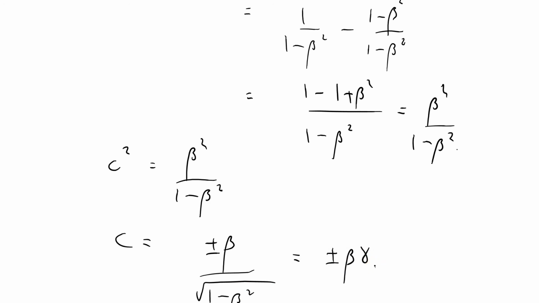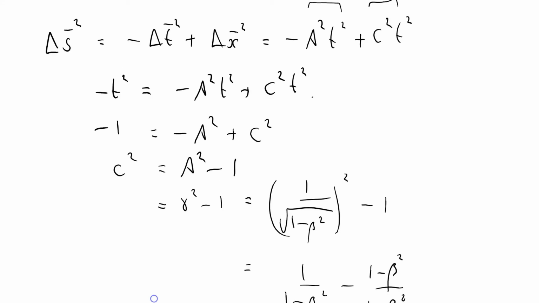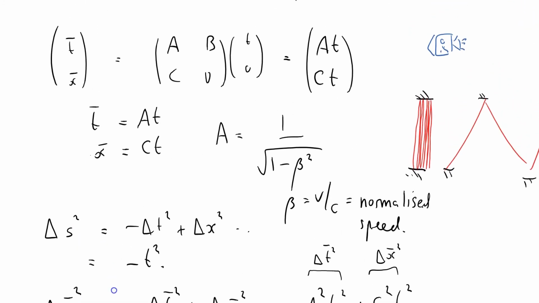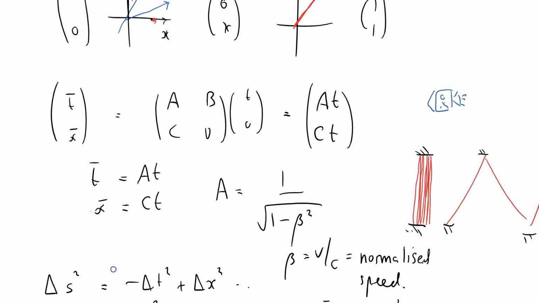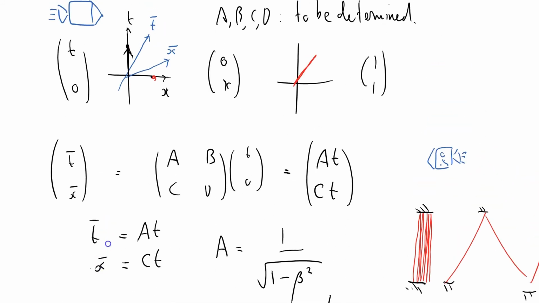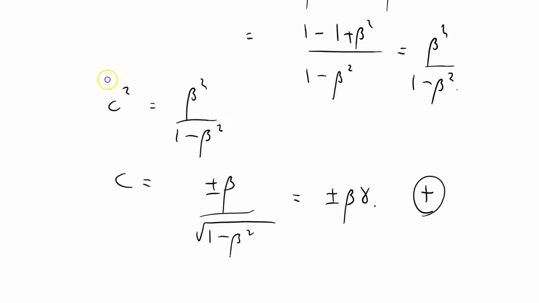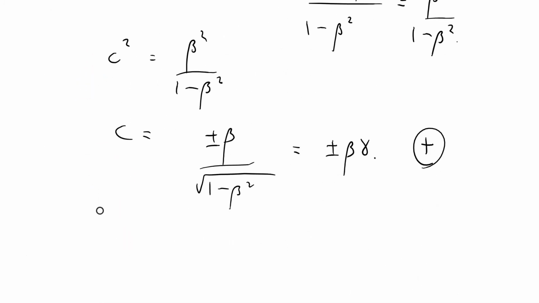I'm going to choose the positive solution to indicate that I'm moving right to left, because I've got two choices here. You can either be moving left to right or right to left. I'm just going to choose moving right to left. There it is. So my matrix, which was A, B, C, D, I've now got two things.